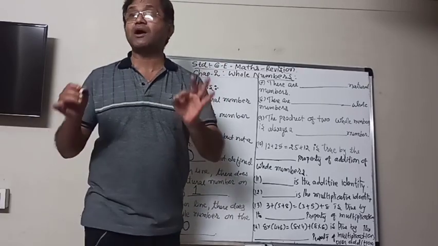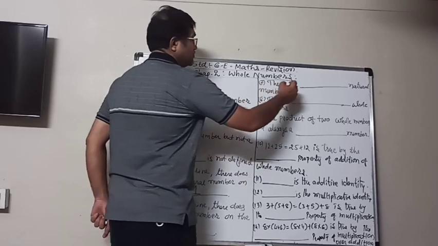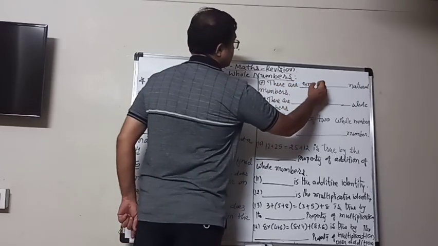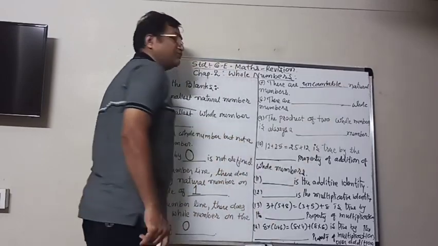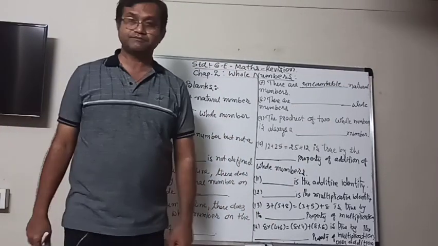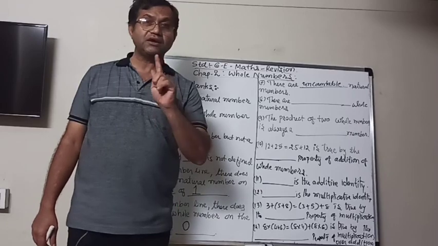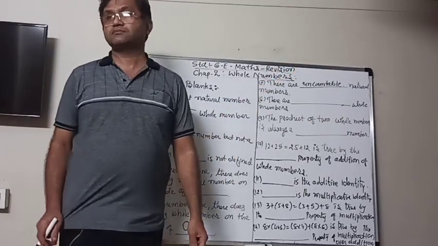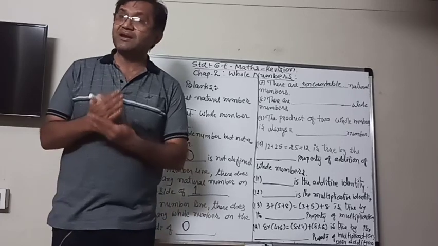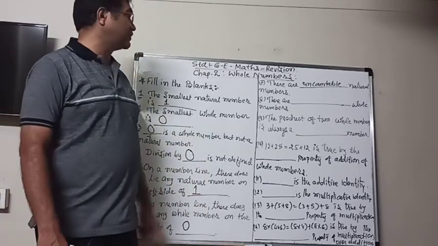It means that there are infinitely many natural numbers. Or you can write uncountable also. Or you can write infinitely many. Only many is not the answer, because 1000 is also many. But infinitely many should be the answer.